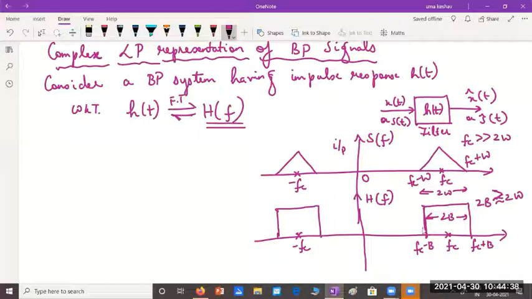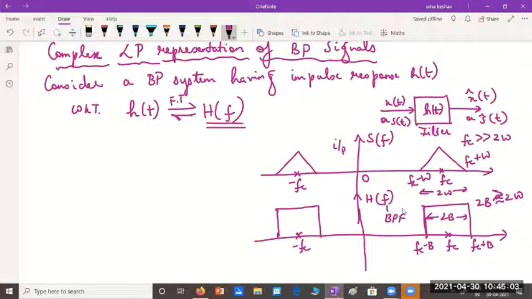The bandwidth of the filter should be slightly greater than or equal to 2W. I'll say slightly because if there are any other components on this side or this side, it shouldn't filter that. Let me say it should be approximately equal to the given signal bandwidth, which is 2W. So this is the transfer function of a bandpass filter.